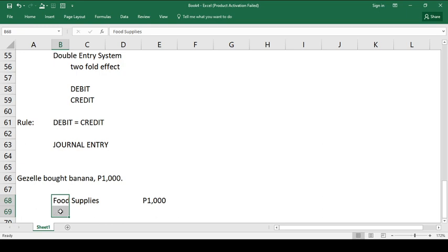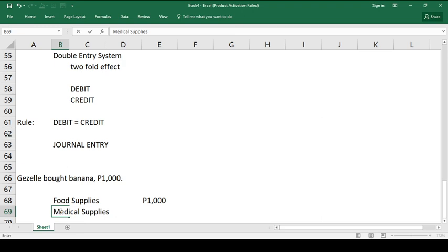Pantay. For example, assuming na hindi lang food supplies yung binili ni Giselle, kundi bumili din siya ng medical kits. So, medical supplies, assuming kasi these are two different assets and two different types of supplies, and these are two different debits. So, dalawang debits, pero naka-hilera lang sila in the same manner.